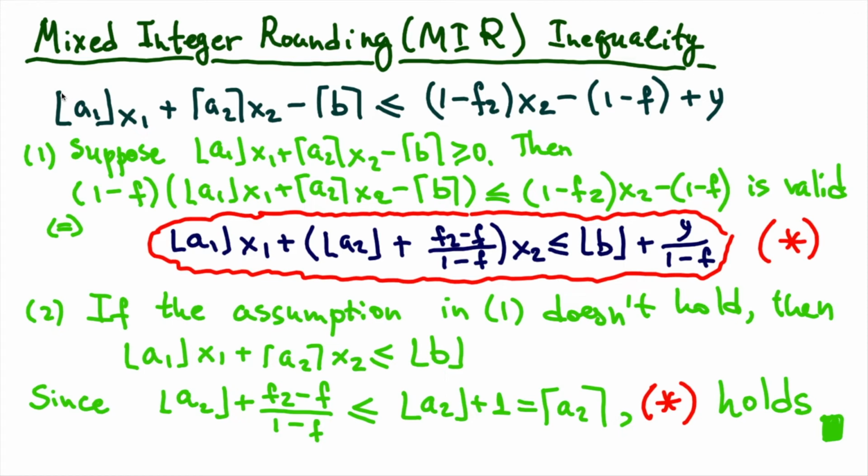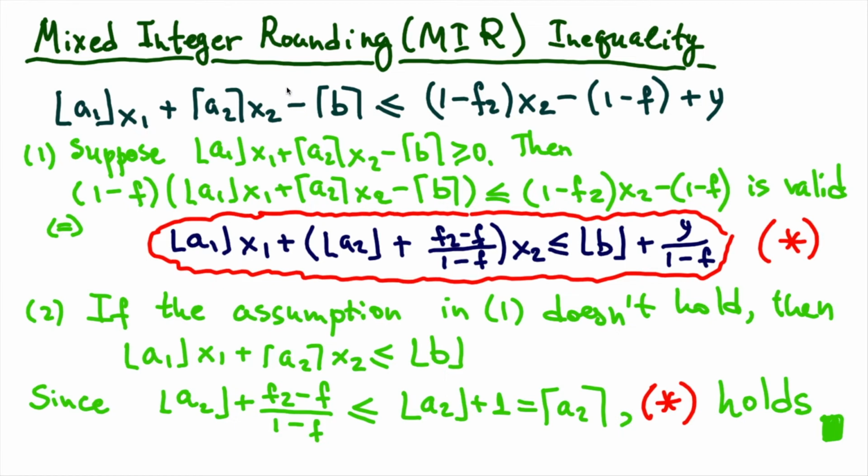So this is what we ended up with on the previous slide. And now, as we mentioned, we are going to assume that the left-hand side is greater than or equal to 0. And then when it is greater than or equal to 0, multiplying it by 1 minus f, which is a positive number between 0 and 1, is not going to change the validity of this inequality here.